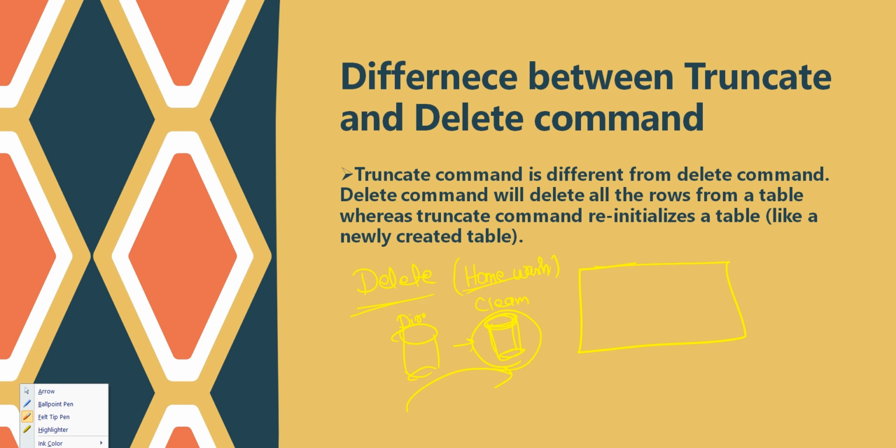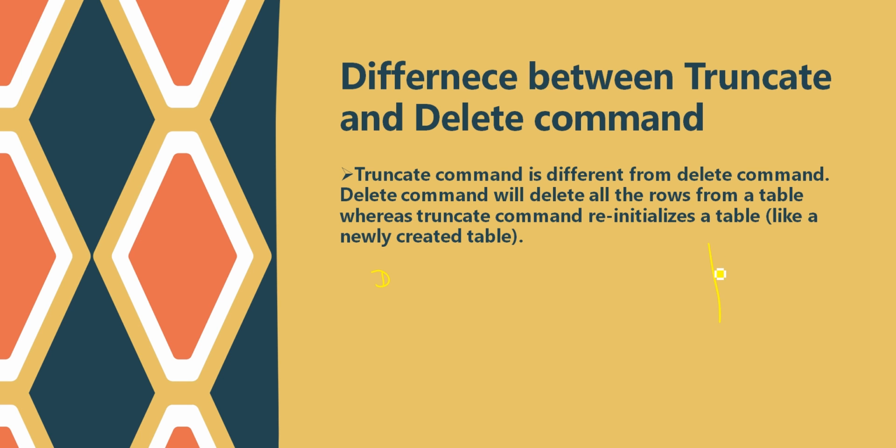So the same thing happens with the delete command. Whenever we apply the delete, let's say we have 3 rows, with student ID values 1, 2 and 3. Whenever I apply the delete command, it is going to delete all the records, and when I insert more data, the ID would be 4. Why?